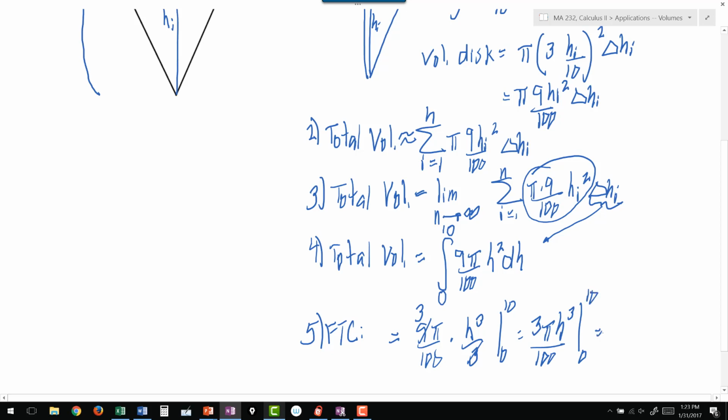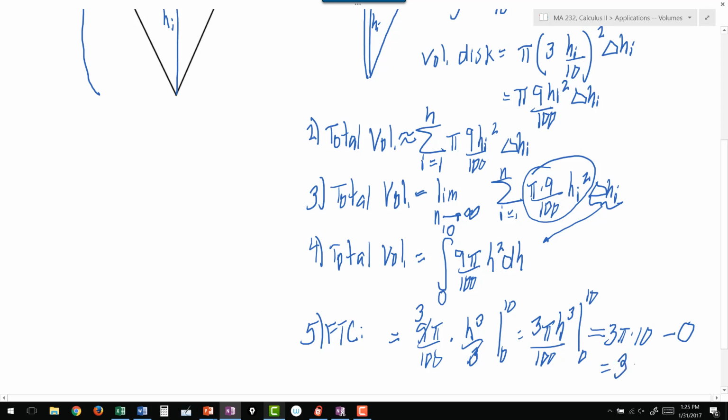To finish up, I plug in 10 for h. I would get 3 pi times 10 cubed over 100. That's the same as, let's see, 10 cubed is 1,000, so 1,000 over 100 would be 10. So I get 3 pi times 10 minus what I get if I plug in h equals 0.